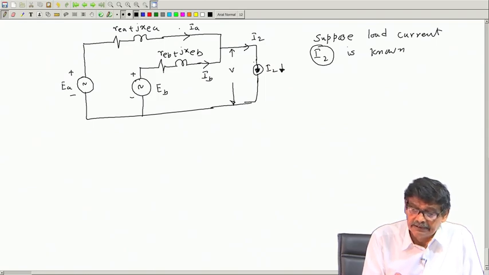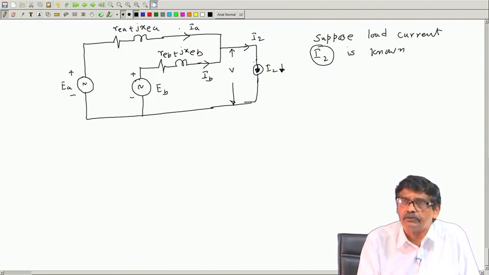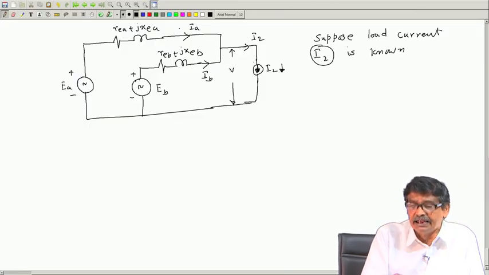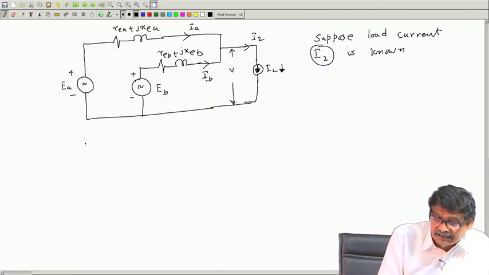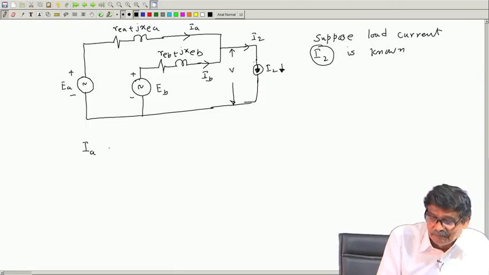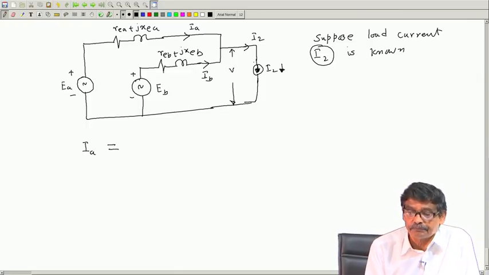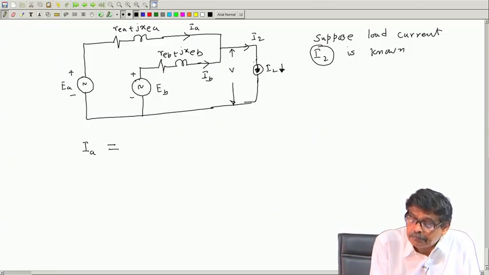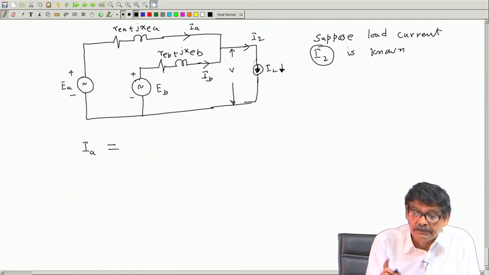Now, in this circuit there are three sources, EA, EB, and a current source. So, I will apply superposition, and in one stroke I will get IA and IB. See how this IA should be equal to, I will apply superposition. For example, I will assume EA and EB are present and this current source is not there, that means it is open circuited, remove it.